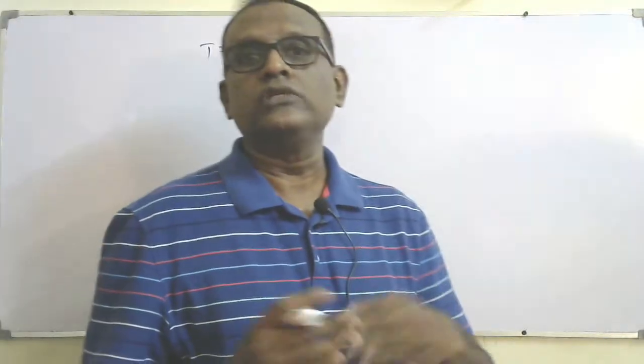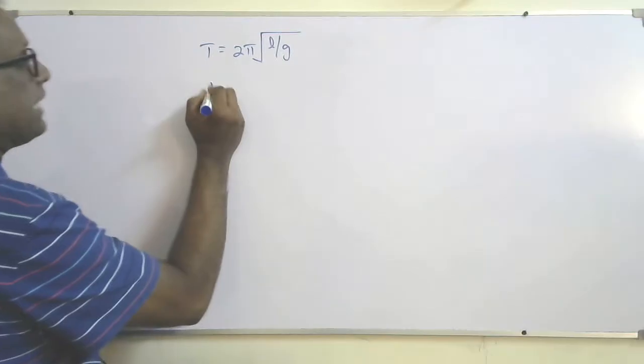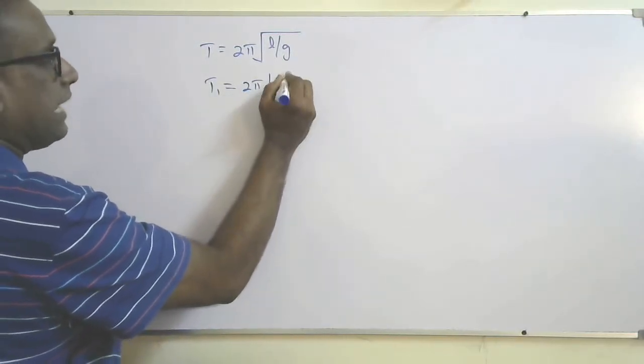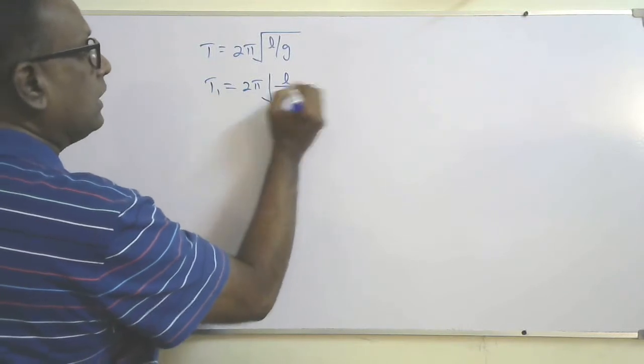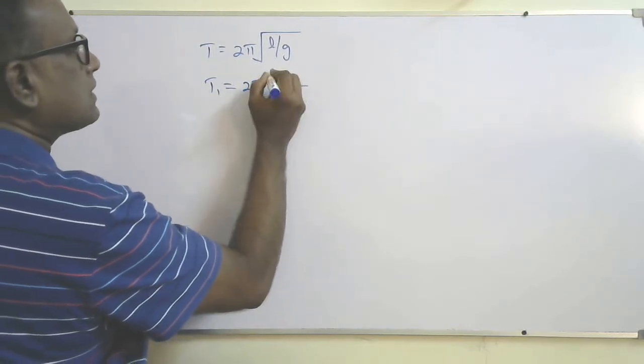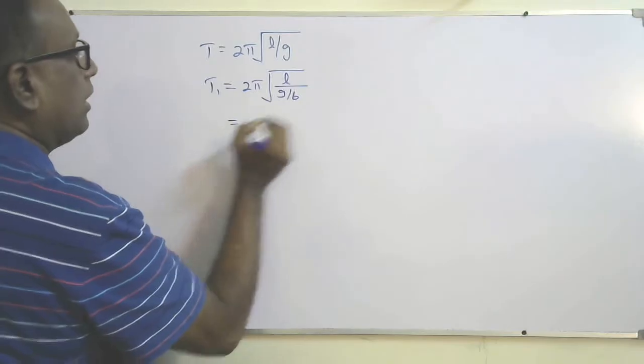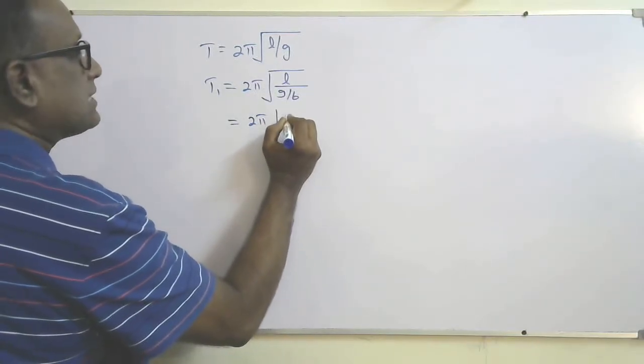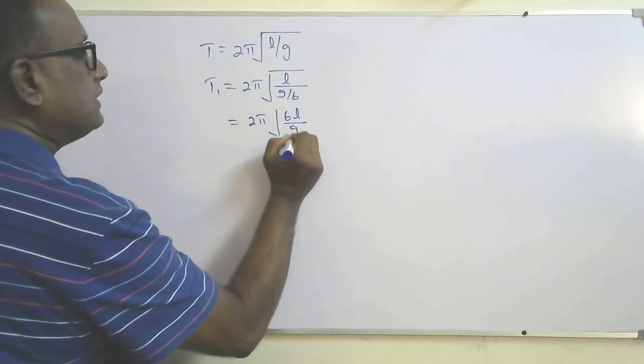On the surface of the Moon, g will be 1/6 of it. So T1 on the surface of the Moon, for the same pendulum with the same length, is 2 pi square root of L over g/6. So 6 will go to the numerator, and that will be 2 pi square root of 6L over g.